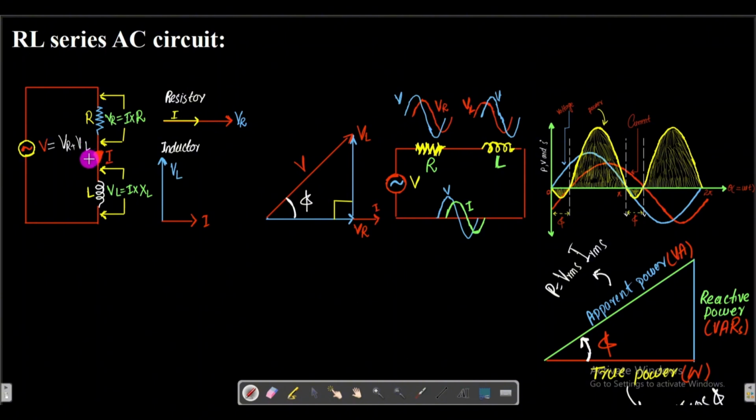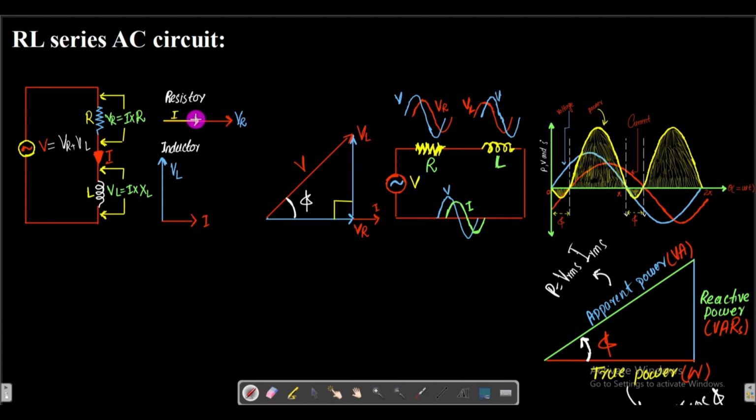So in the phasor we will have the behavior of the vector. Please remember here that the voltage by itself is not a vector, but for our convenience we represent it as a vector in the form of the phasor. From there we know that when the voltage is passed through a pure resistor, the voltage and the current are in phase with each other.